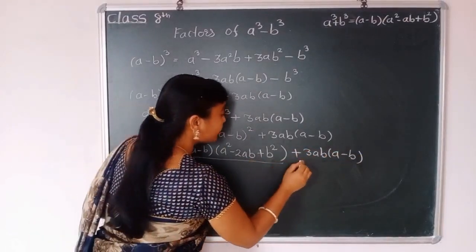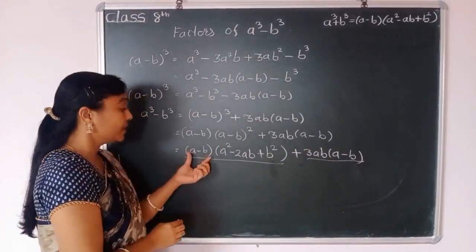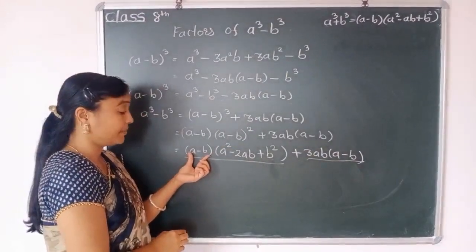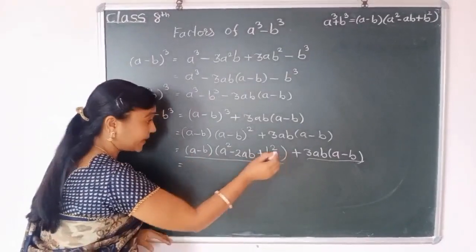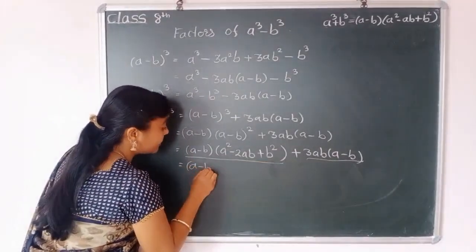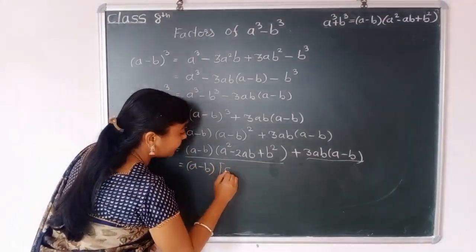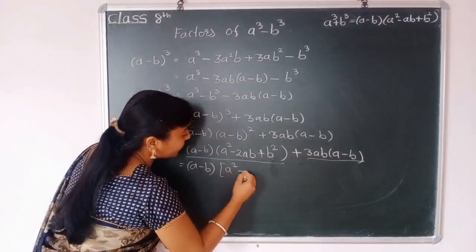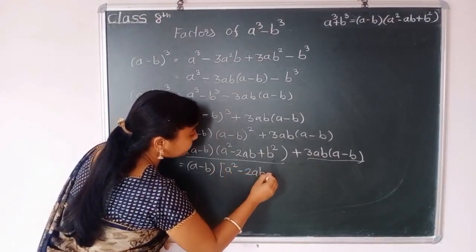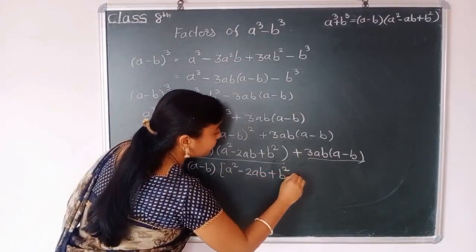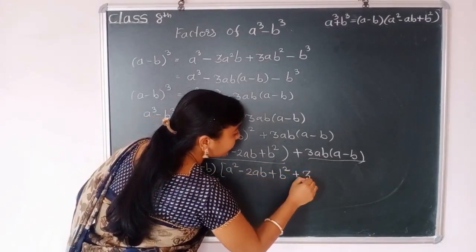Now in this term and this term we get the common bracket (a minus b). So I take (a minus b) common. The remaining terms are a square minus twice ab plus b square plus thrice ab.